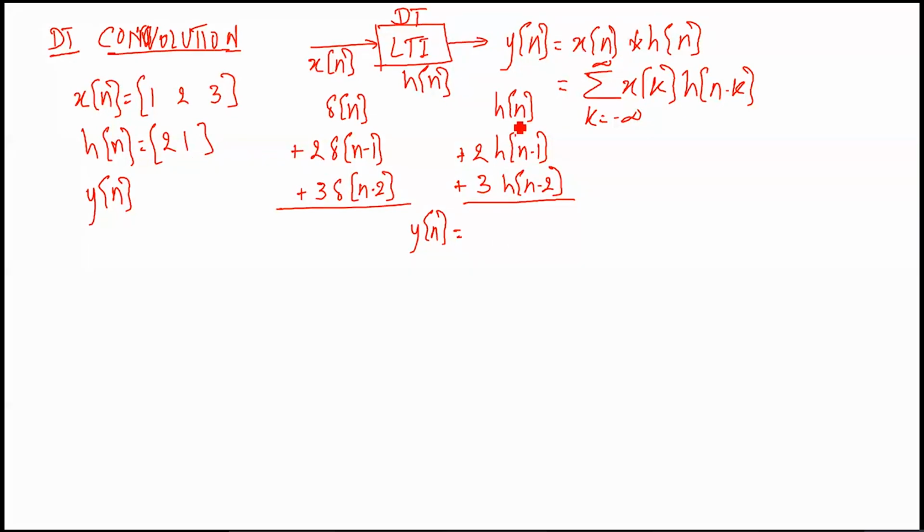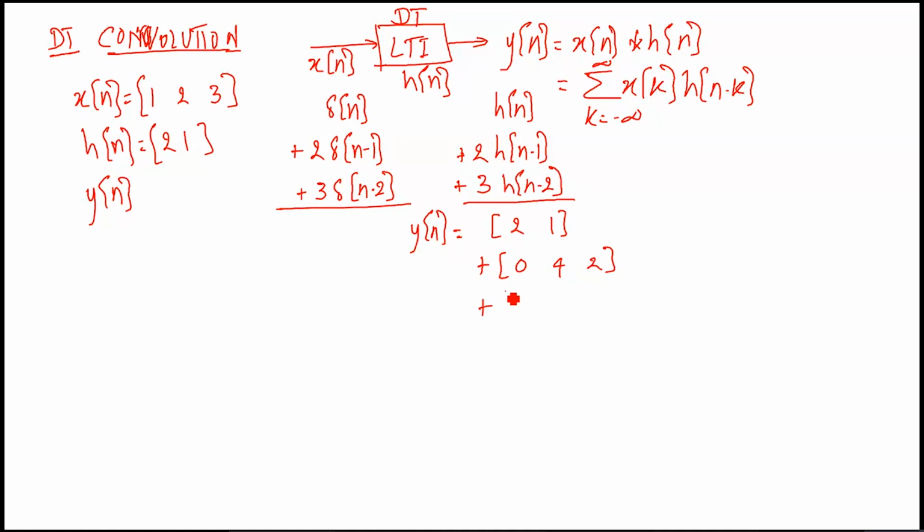So if we plug in values, h of n would be 2 and 1. 2 times h of n minus 1 will be this thing shifted right by 1 unit and scaled by 2, so shifting makes it 2 and 1, and scaling by 2 makes it 4 and 2.